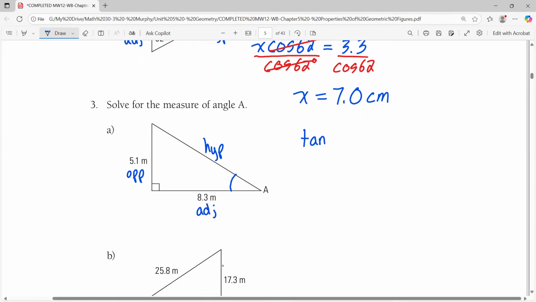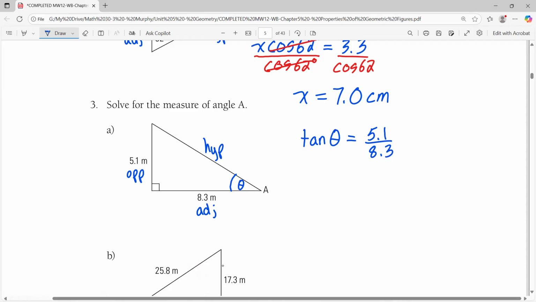Now, if we're solving for angle A, that means we're solving for theta. You can replace it with an A, but I leave it as theta. And 5.1 divided by 8.3.